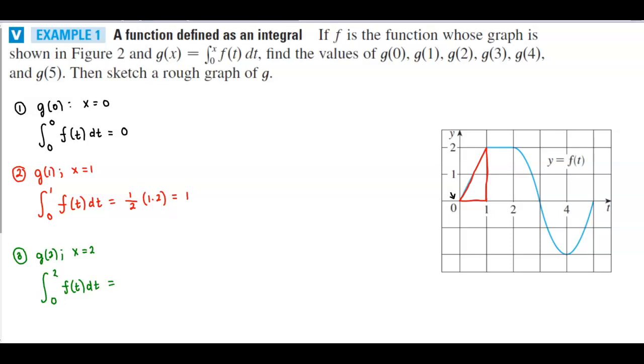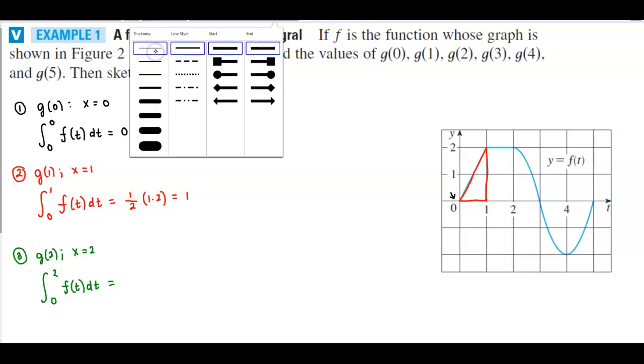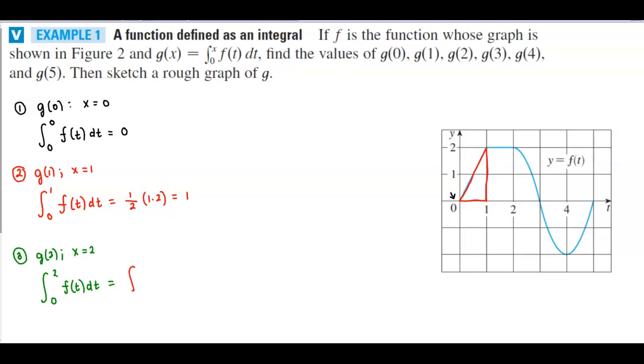That means we're adding the integral from 0 to 1 of f of t dt, and then adding the integral from 1 to 2 of f of t dt.